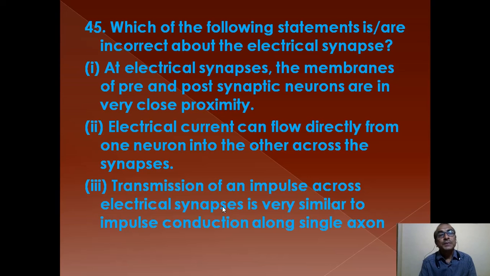That's also true. Then third, transmission of an impulse across electrical synapse is very similar to impulse conduction along a single axon, because it is just the movement of the positively charged ions, like that of the conduction.